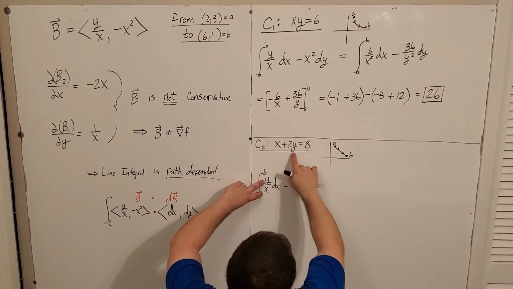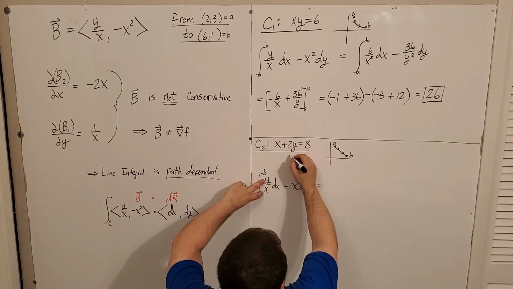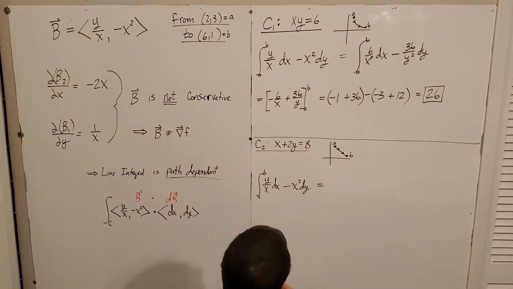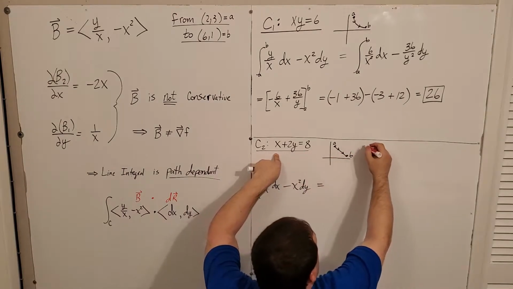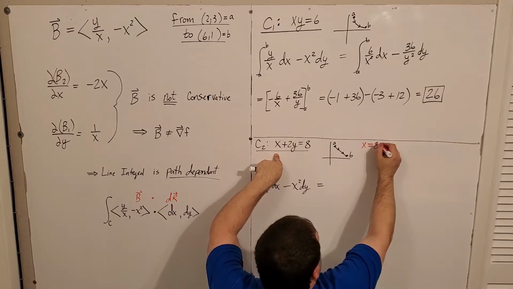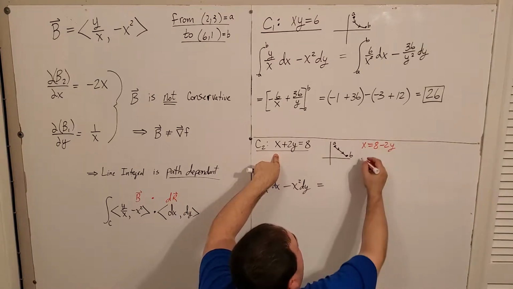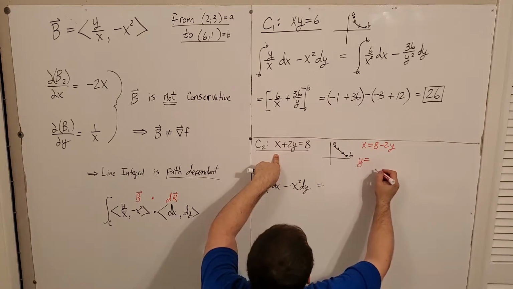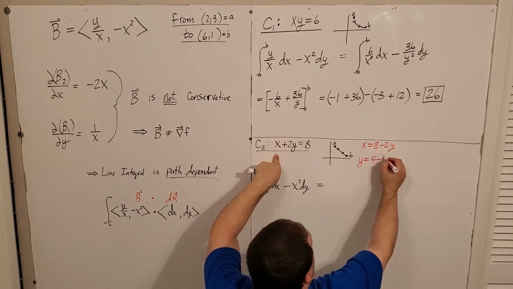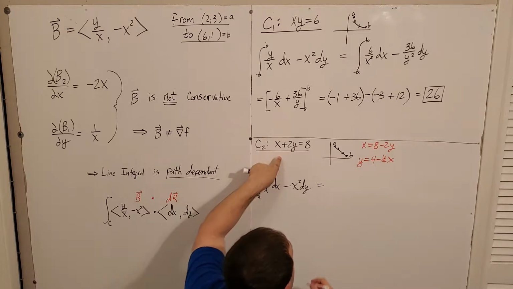So let me write that down for you here, just so we can keep track of it. Obviously, x is equal to 8 minus 2y. Y would then be equal to 4 minus 1/2 x.